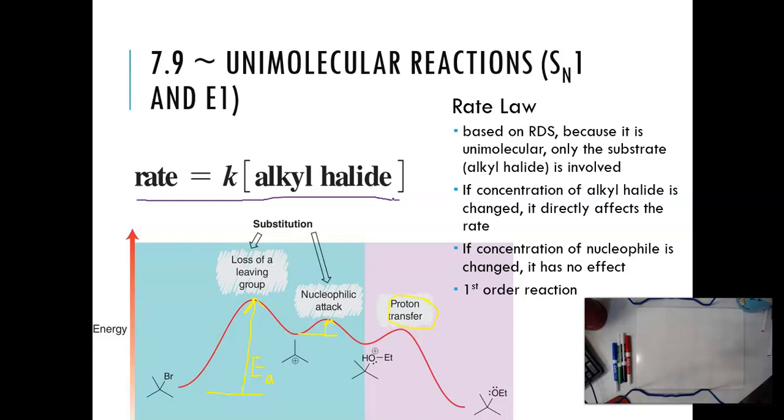However, if we change the concentration of our alkyl halide, if we double it, the rate doubles. If we cut it in half, the rate goes half as fast. So they have a direct relationship. This is also a first order reaction because it's only involving this one chemical, and it's a first order reaction with respect to that chemical.